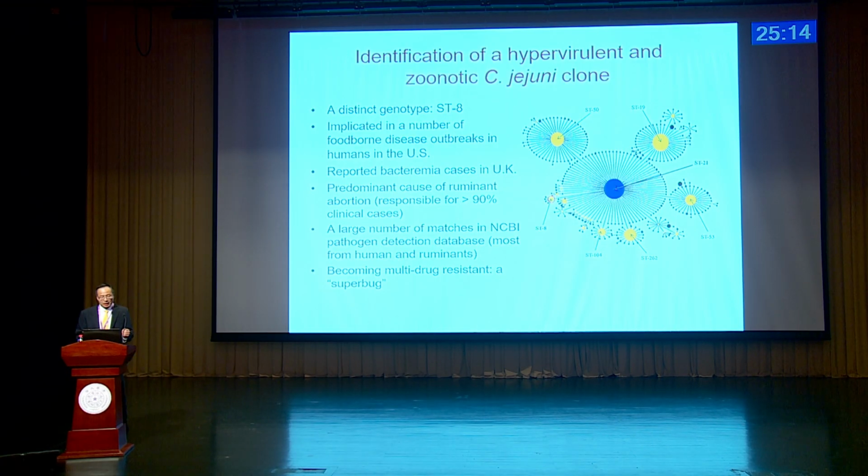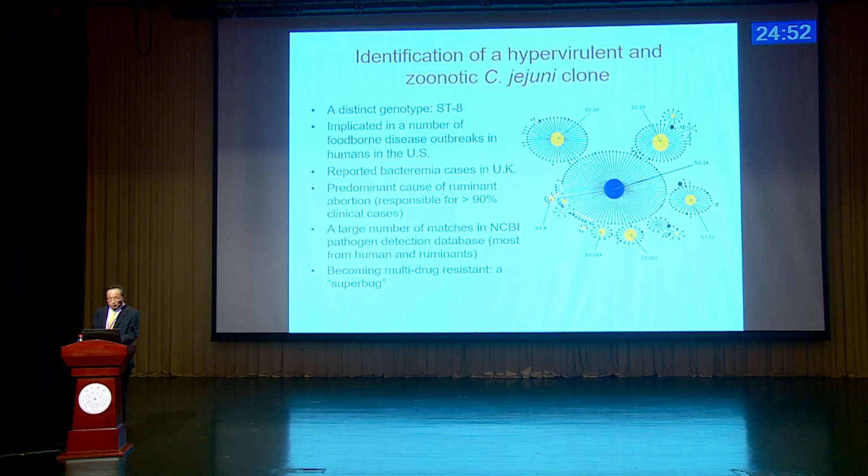When we did a database search in the NCBI Pathogen Detection database using whole genome sequences, we found a number of matches, primarily from human cases and also isolates from ruminants.